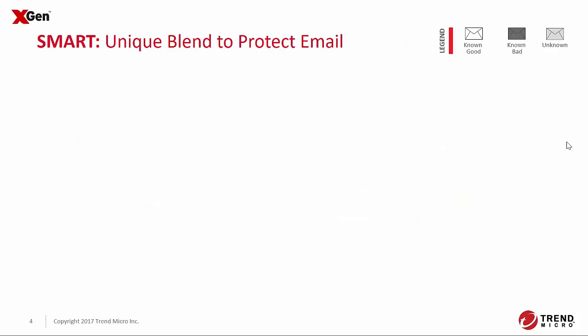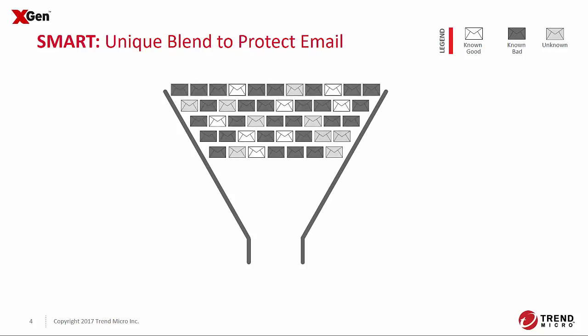Trend Micro Security Solutions, powered by XGen, protects your organization with a cross-generational blend of threat protection techniques. Over 80% of email sent to an organization is spam or malicious. With the amount and variety of email attacks, different layers are needed to examine the email sender, content, attachments, and URLs.